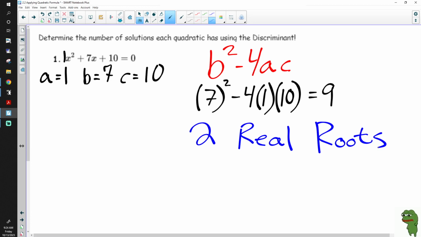But you can write 2 real zeros, 2 real solutions, 2 real x-intercepts, 2 real roots. All mean the same thing. And if you look in your notes too, I have all those words listed out. Roots, zeros, solutions, x-intercept. All those mean the same thing in math. I just like the word roots. It's a cool word. Good? Let's go again.